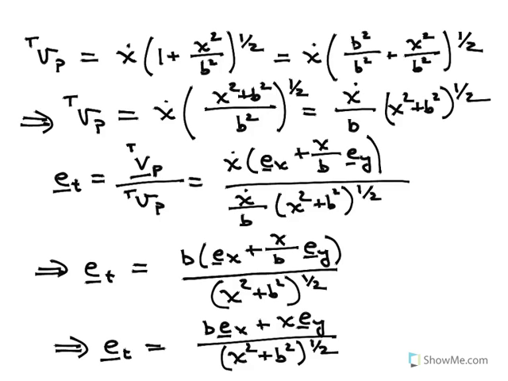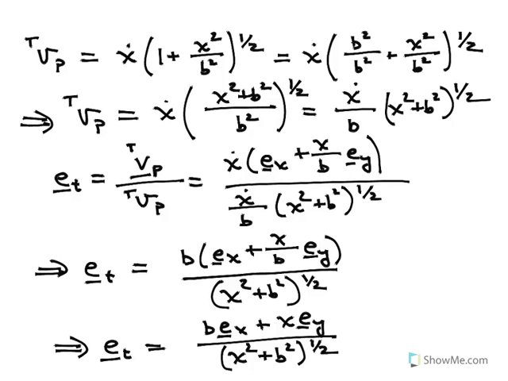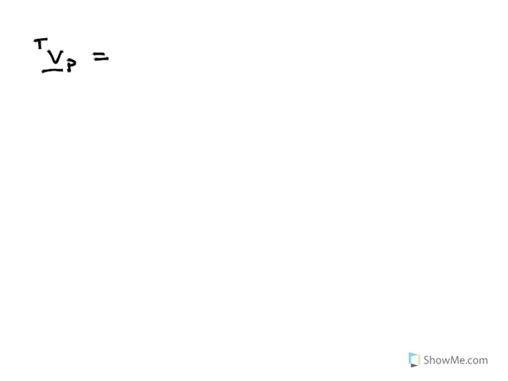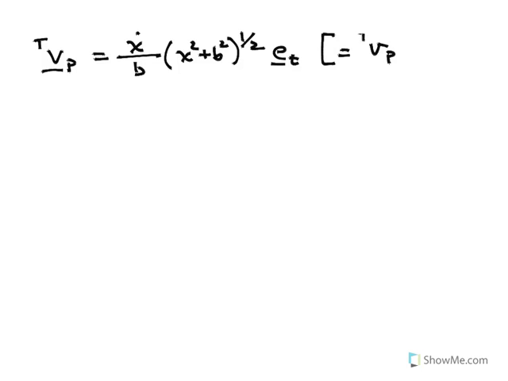We can look at the velocity now, because the speed is equal to x dot over b times x squared plus b squared to the 1/2. So we get the speed times the tangent vector, right? Recall that the velocity is equal to the speed times the tangent vector.